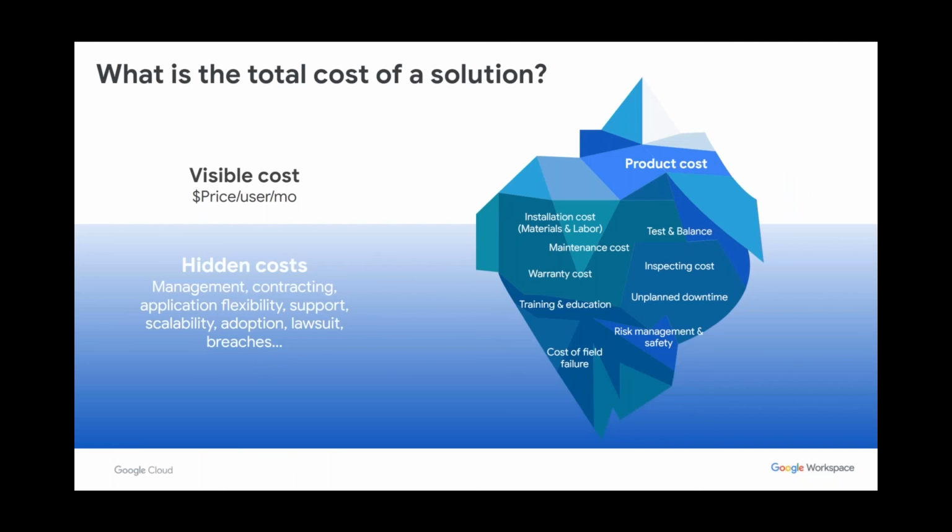The other thing to call out to your customer is this concept of total cost, right? TCO is not just the product cost, not just the monthly cost. That is the tip of the iceberg. You then have all of the hidden costs behind it.